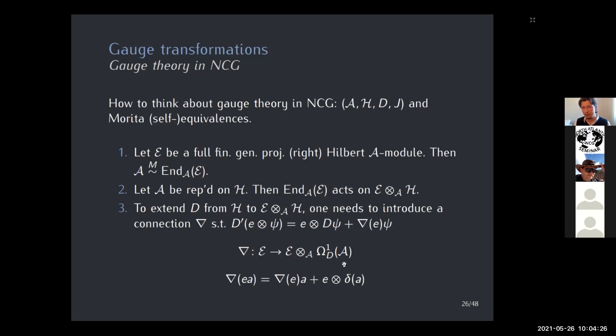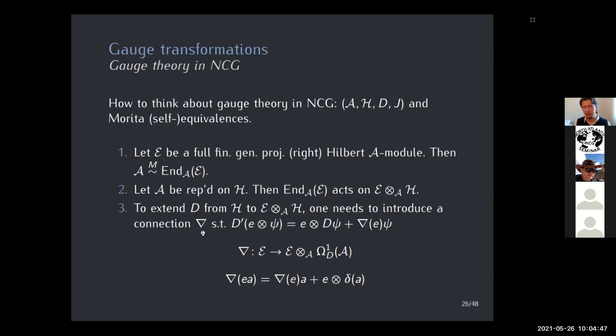A connection here is something which takes elements of the module to the module tensor 1-forms in such a way that it satisfies the Leibniz condition, where here this delta is some derivation which generates the 1-forms.